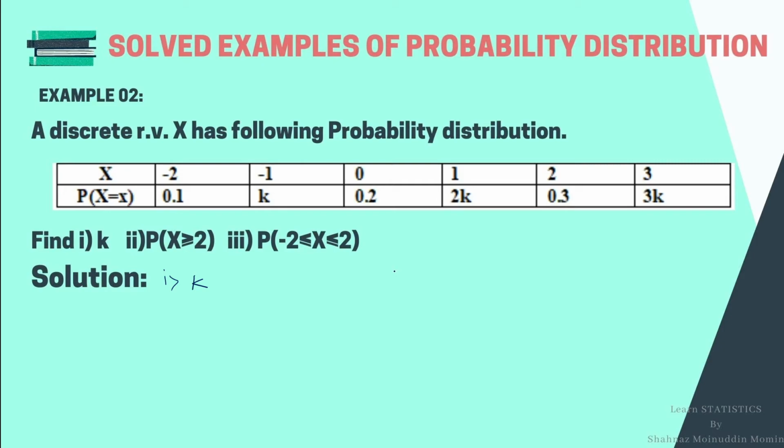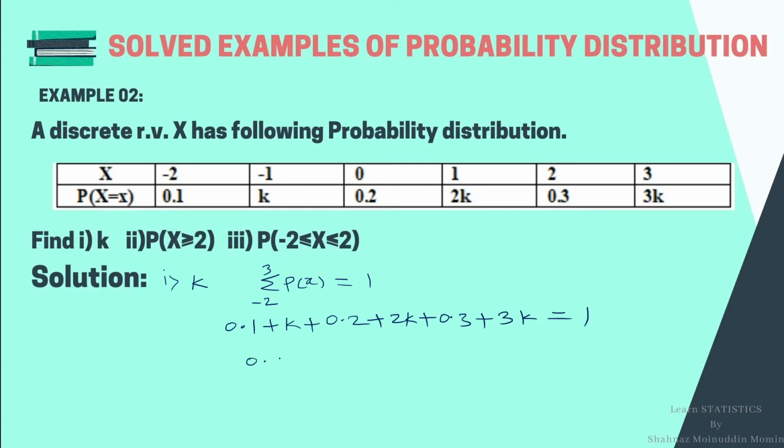We know that the given function is a probability distribution, so the sum of probabilities is 1. x is from -2 to 3. Add all these probabilities, we get 0.1 plus k, 0.2 plus 2k, plus 0.3 plus 3k is equal to 1. Add constants and add the coefficients of k also.